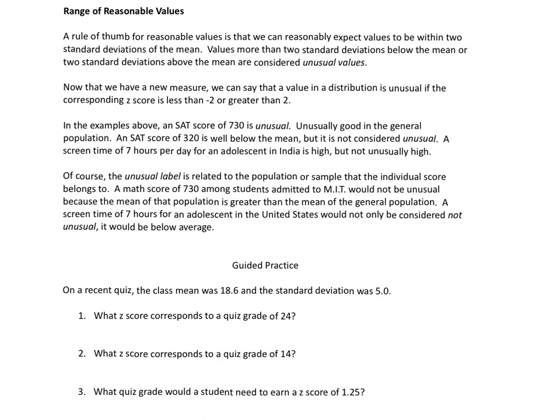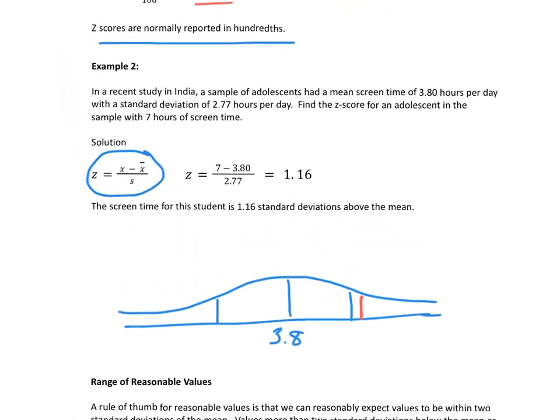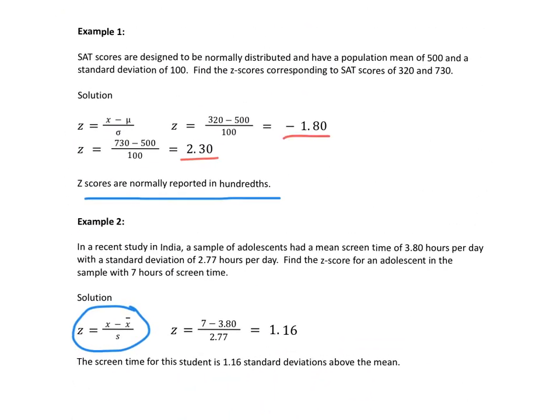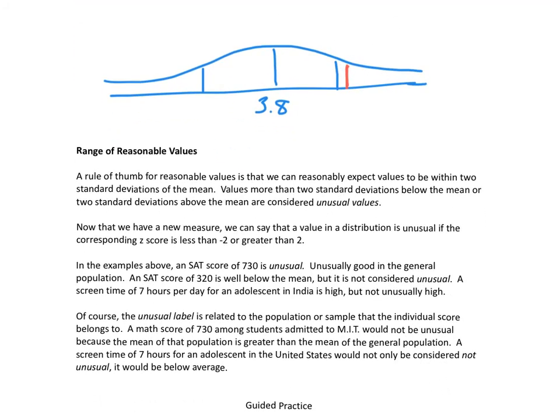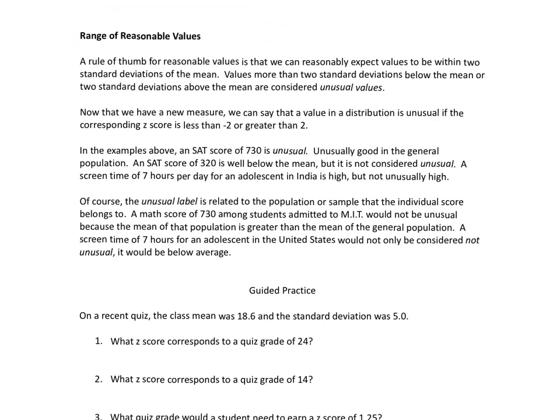An SAT score of 320 is well below the mean, but it is not considered unusual. It wasn't 2 standard deviations below the mean. It was only 1.8, so not quite in the unusual range. Okay, the 1.16 for the screen time is not unusual.